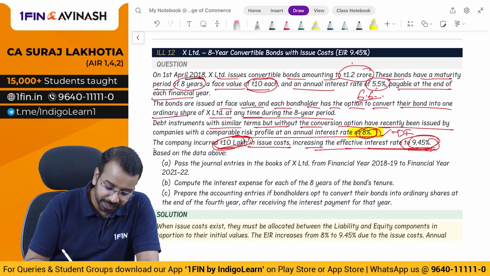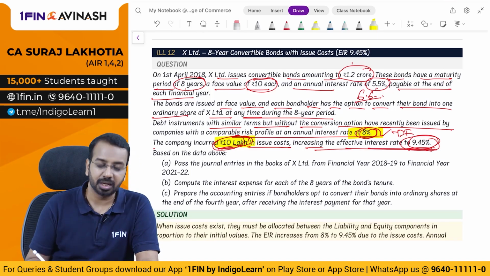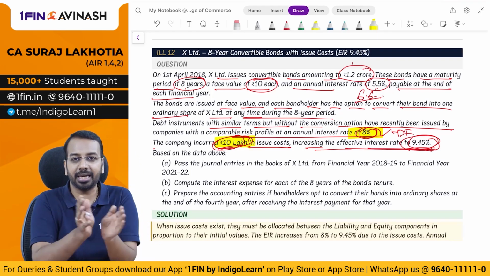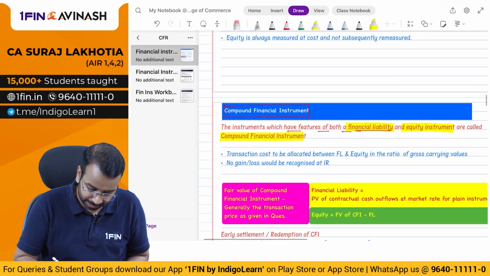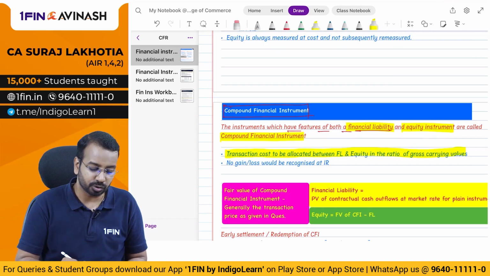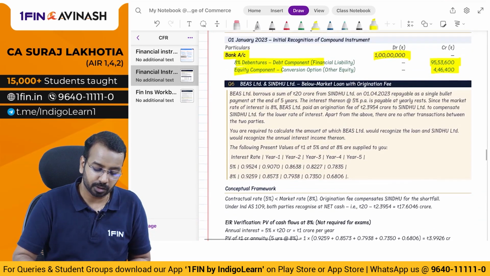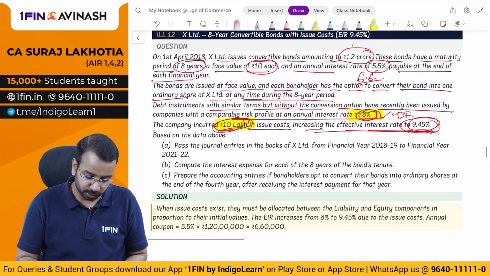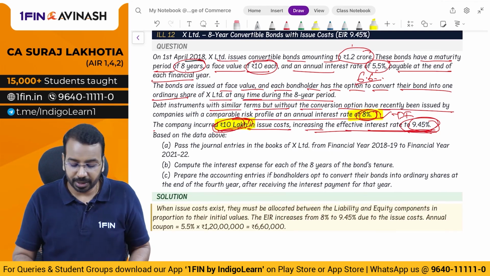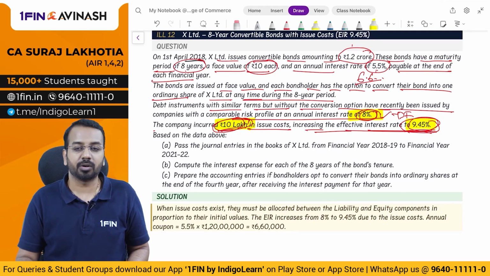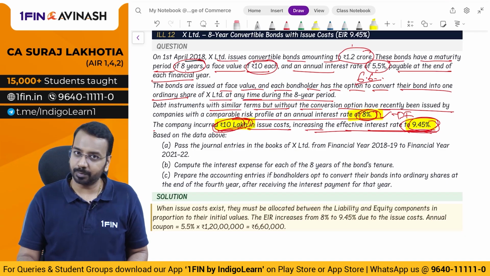Then this 10 lakhs of transaction cost, we will split between liability and equity. The transaction cost will be allocated between financial liability and equity in the ratio of their gross carrying values. So, this 10 lakhs will be split between these two. Now, when we split this 10 lakhs, the liability component, the effective interest rate applicable will automatically be 9.45%.